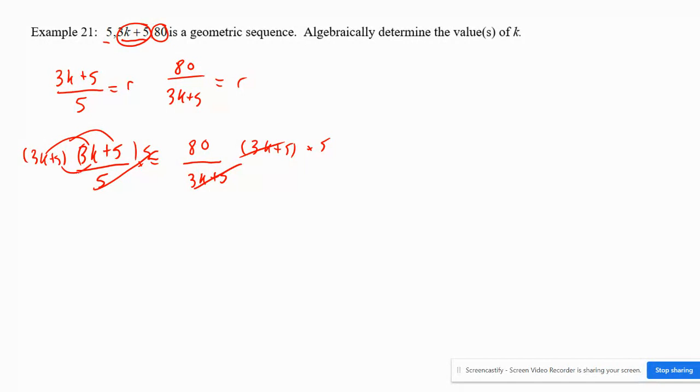I'd have to expand this out over here. We get 9k squared plus 15k plus 15k plus 25 equals 80 times 5 is 400. We get 9k squared plus 30k, 25 minus 400 is minus 375, equals 0. And guys, I might be able to factor this one, but I'm just going to go straight to quadratic formula.